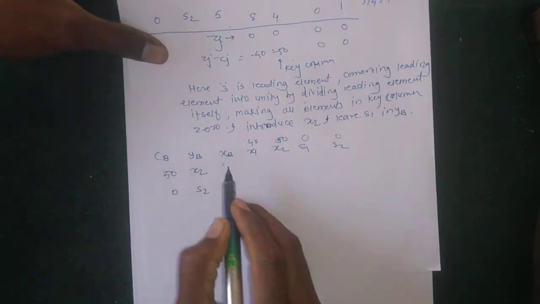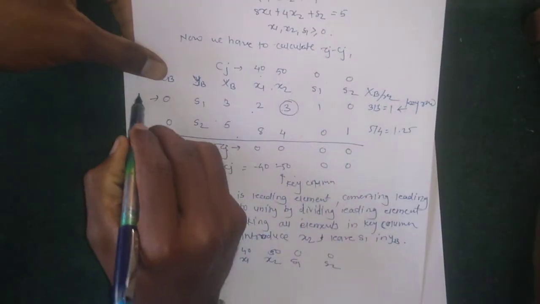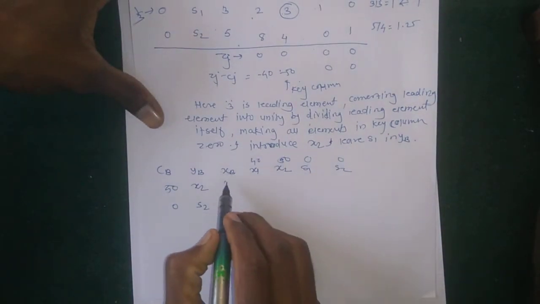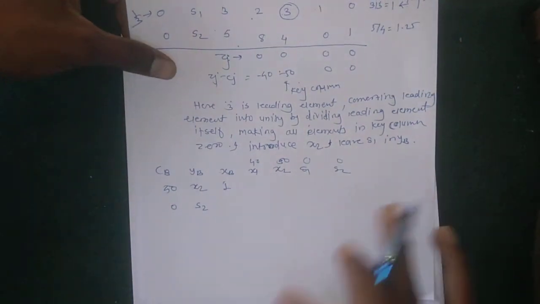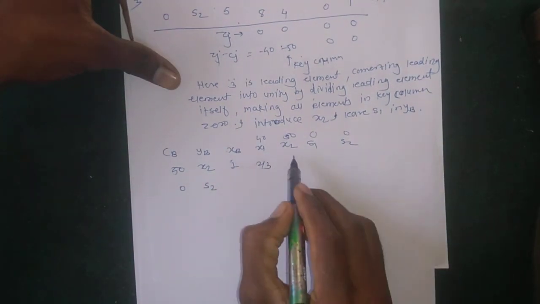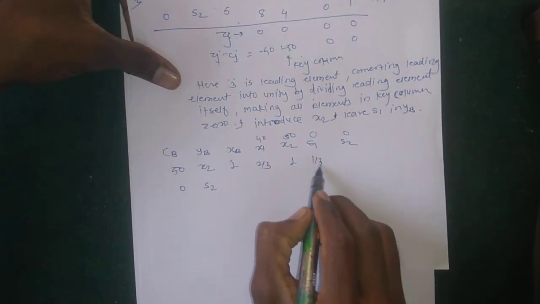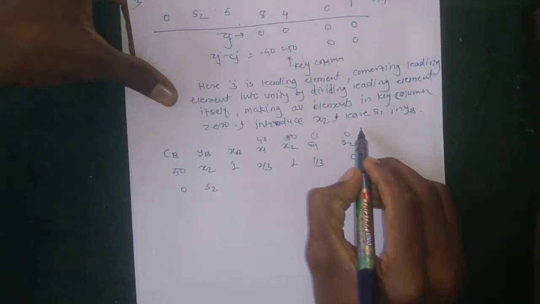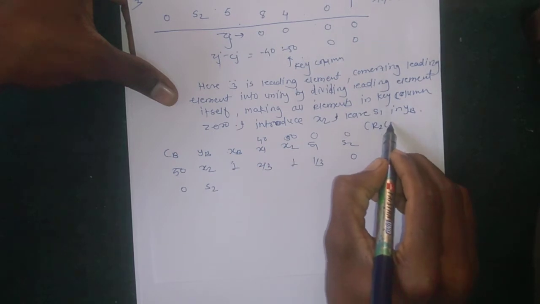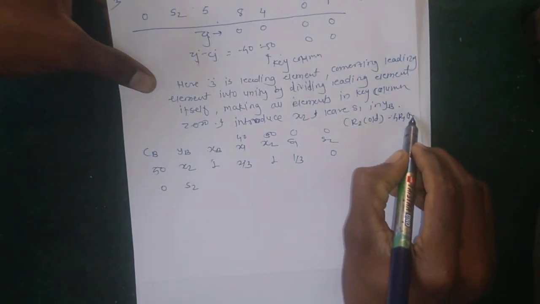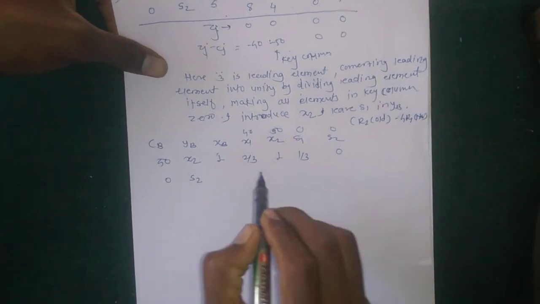So dividing this row by 3: r1, 3 by 3 is 1, 3 by 3 is 1, 2 by 3, 3 by 3 is 1, then 1 by 3, then 0.